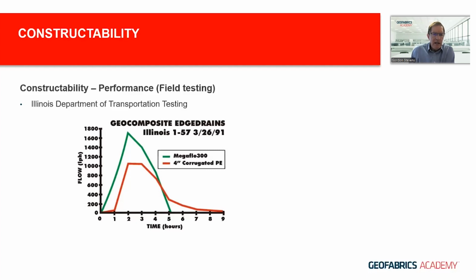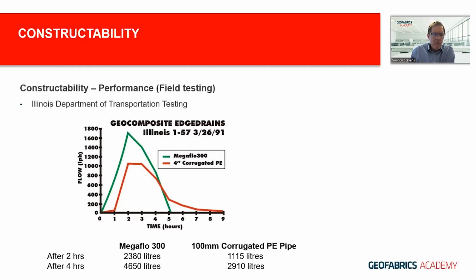Here are the results after 2 hours and after 4 hours, showing the amount of water being removed out of the pavement. The section with Megaflo 300 as the drainage, and the other one with 100 millimeter corrugated polyethylene pipe.